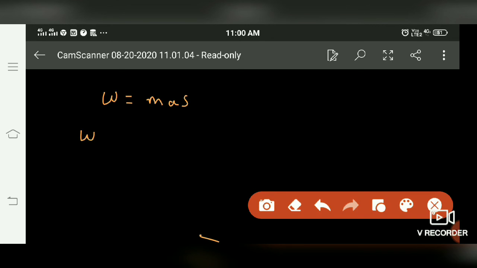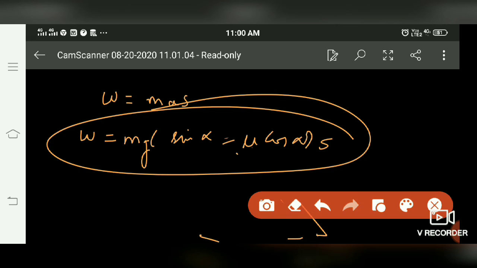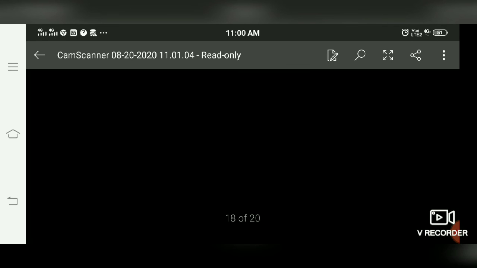So work done will be m, and inside we will have g times sin alpha minus mu cos alpha, into s. This is the work done in case of an object moving down an inclined plane.